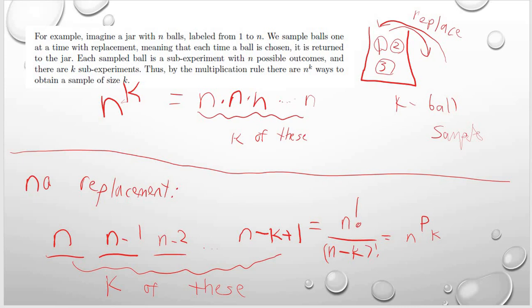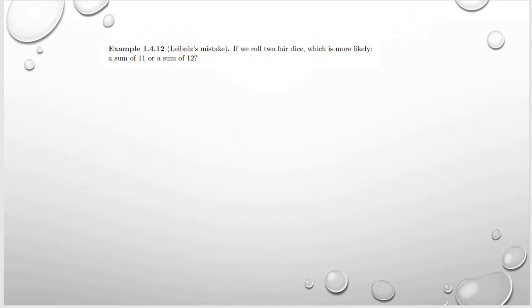Okay, next we are asking about rolling 2 fair dice and thinking about which rolls are the most important. If you play games like Monopoly, then this will be something useful to know. We have two fair dice, which is more likely, a sum of 11 or a sum of 12?